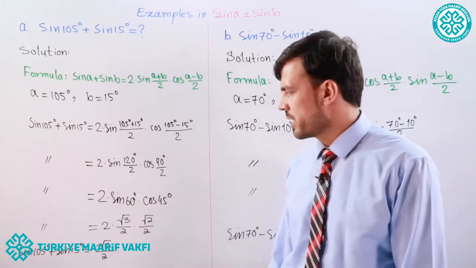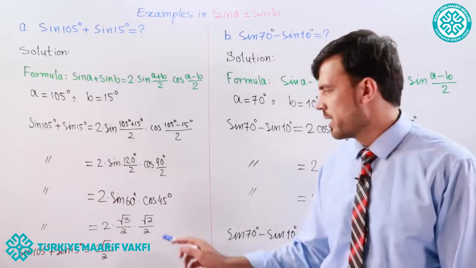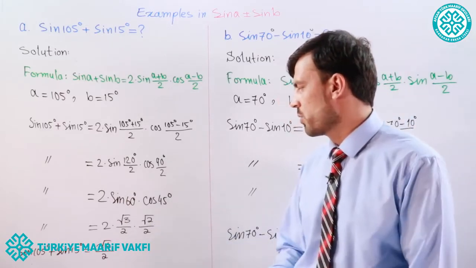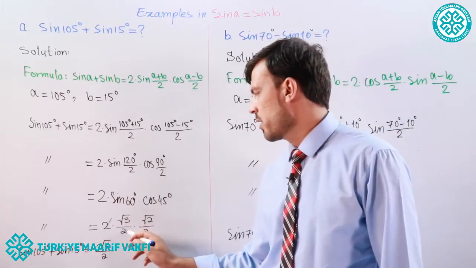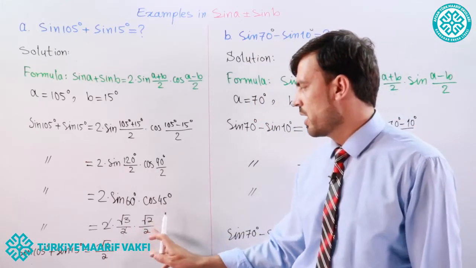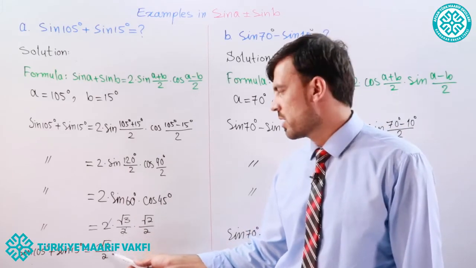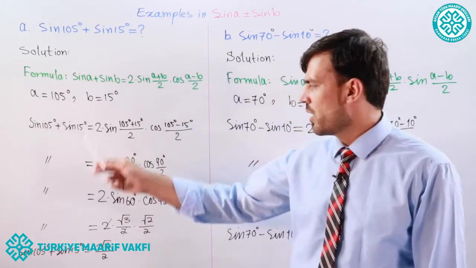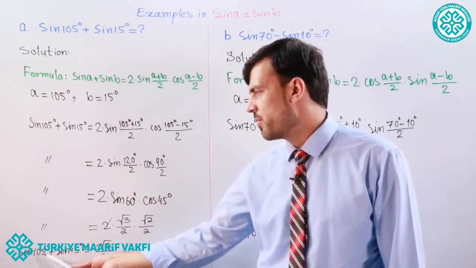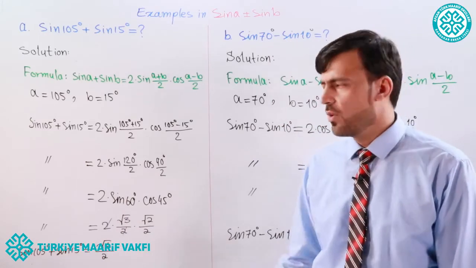The value of sine of 60 degree is square root 3 over 2, and the value of cosine 45 degree is square root 2 over 2. These two could be cancelled with these two, and if we multiply square root 3 with square root 2, that will be square root 6 over 2. So the answer of sine 105 degree plus sine 15 degree is square root 6 over 2.